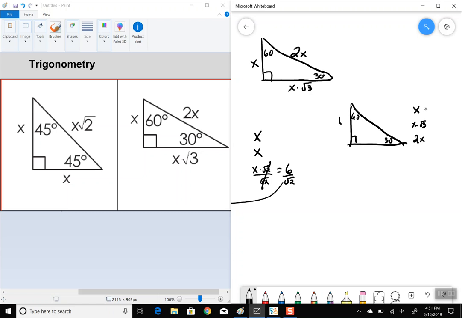So if x is 1, I can replace the x with 1. The next biggest side would be 1 times the square root of 3, or just square root of 3. That would be this side. And then the hypotenuse, the biggest side, would be 2 times 1, or 2. So I can get those side lengths by knowing this special relationship.